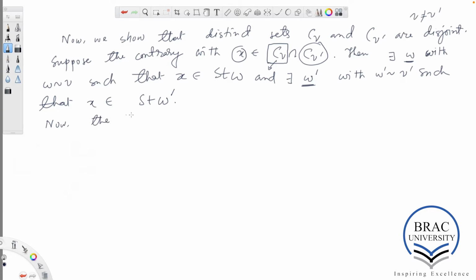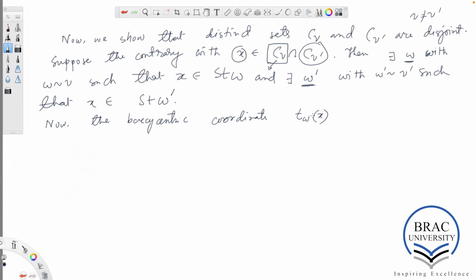Now the barycentric coordinate t sub w of x. Remember that you can find the barycentric coordinate of a point in a simplex relative to some other point.